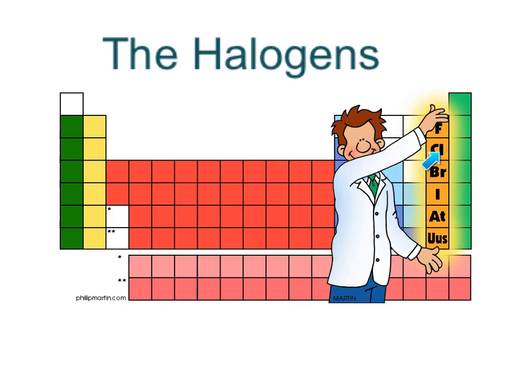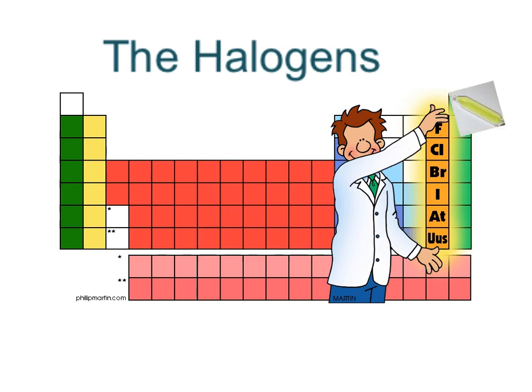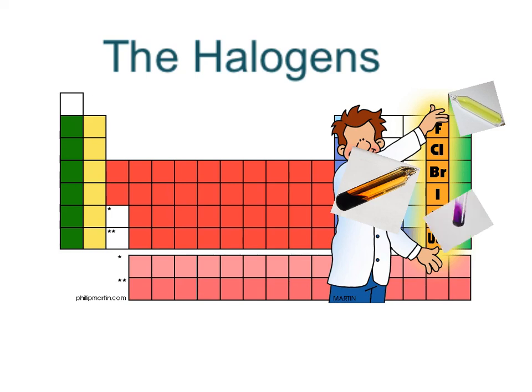In group 7, we have the halogens, and they're all nonmetals. And as you look down the group, the more mass of the atom, the higher the boiling point and melting points will be. This is something we'll explore a little bit later on. Fluorine and chlorine are yellowish gases at room temperature. And bromine is a reddish-brown liquid, which vaporizes easily, and iodine is a solid, but it forms a violet vapor very easily.